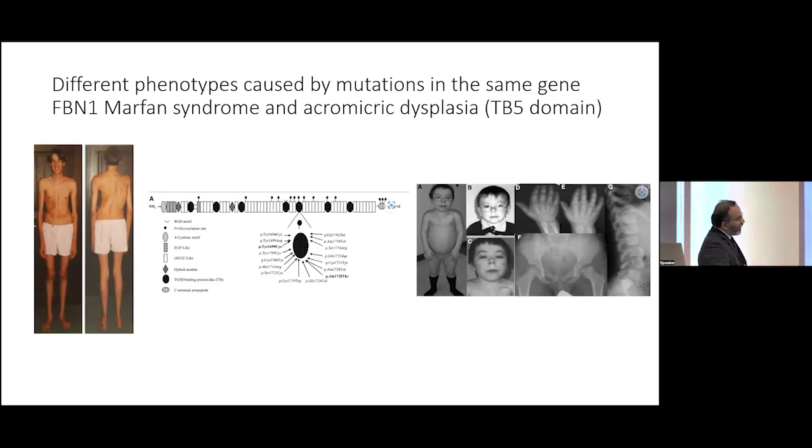But interestingly, mutations in a particular part, exons 41 and 42 in the TB5 domain of the gene, can cause another condition called acromelic dysplasia, where they are short, they have short fingers, and their joints are stiff, unlike Marfan syndrome patients who have lax joints. Some other examples would be mutations in different parts of the CREBBP or EP300 genes, which can cause completely different conditions.